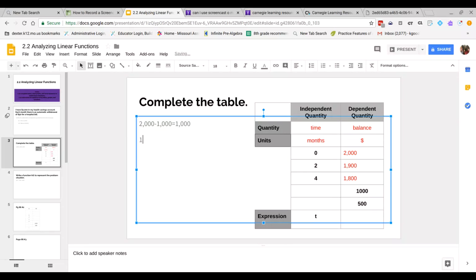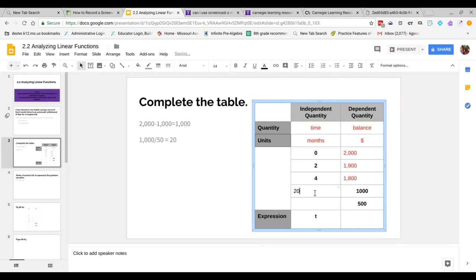And since they withdraw 50 each month, we divide 1,000 by 50. And what do you get when you do 1,000 divided by 50? Hopefully you got the answer 20. So it will take 20 months for my balance to reach $1,000.